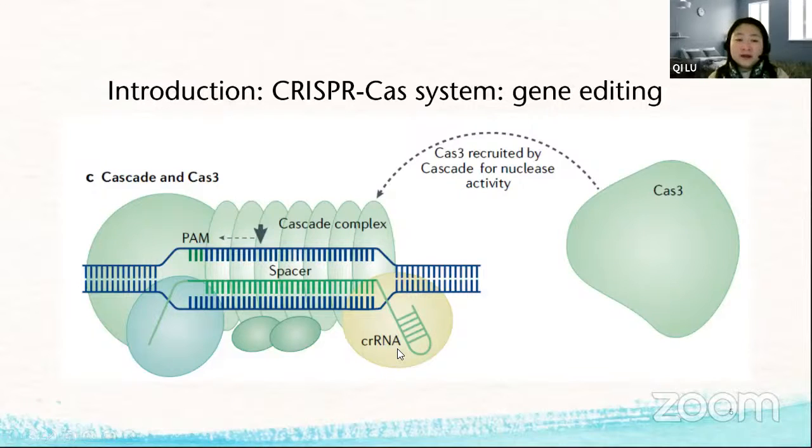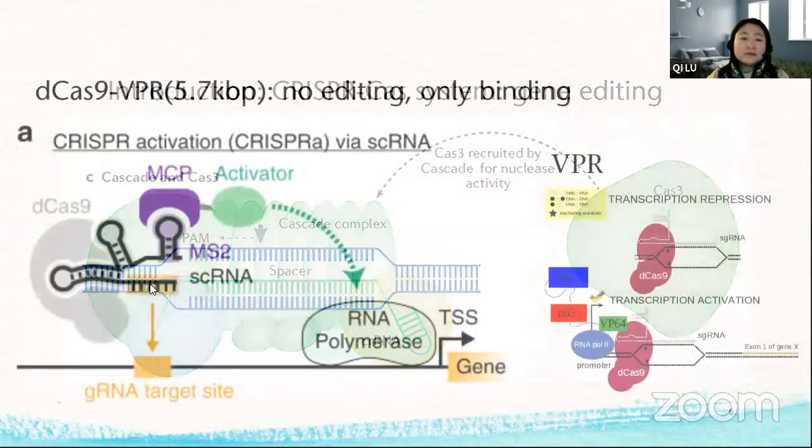This RNA can recognize the same sequence in the genome of the target cell, then bring the whole cascade complex to that site, and then do the editing with the template of this RNA. So in this way, it can do gene editing.